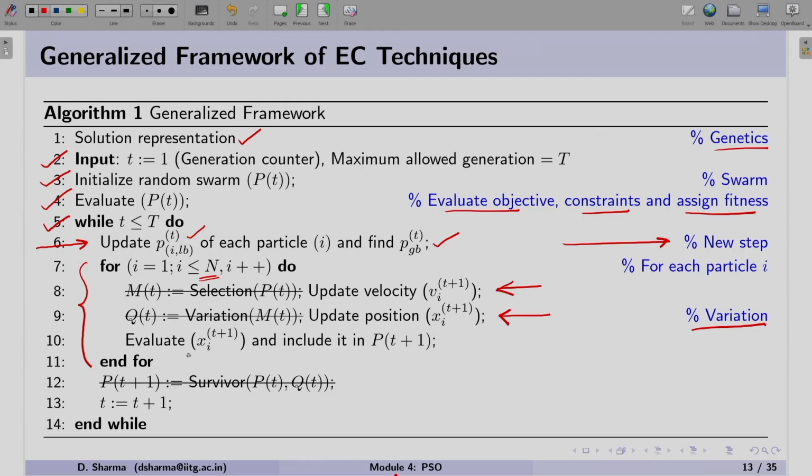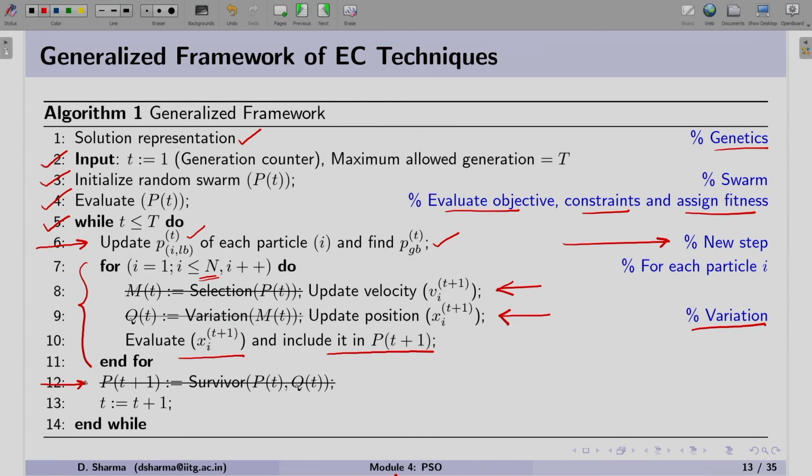Now, since the position has been updated, we take the new position of the particle and include it in P(t+1), because in particle swarm optimization we keep changing the position of the particle and we do not keep another population such as the offspring population with respect to GA. There is no step 12 as far as survival is concerned, because we do not have any offspring.